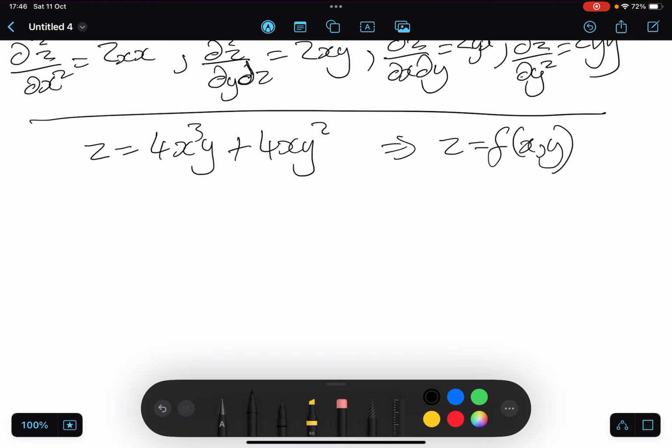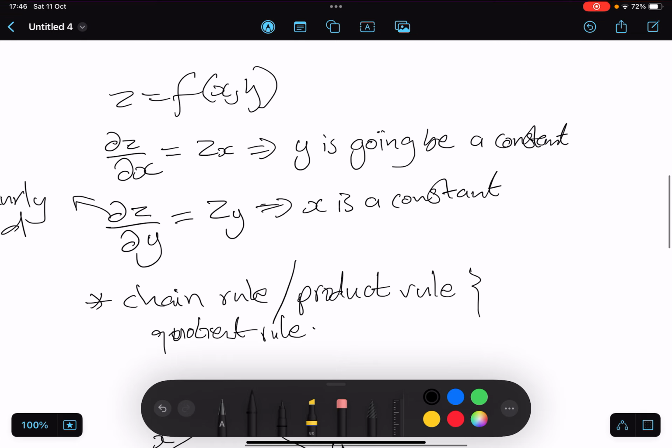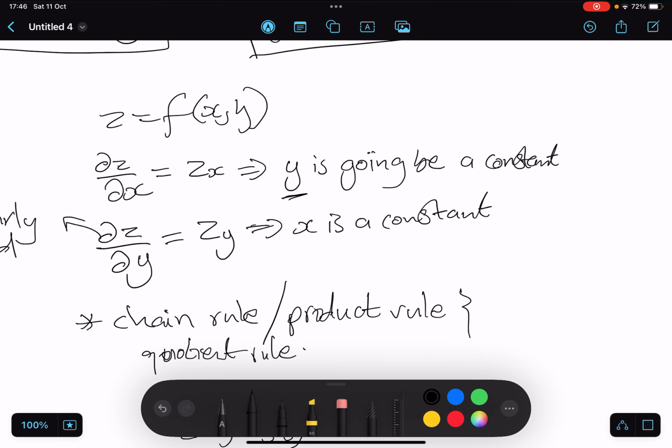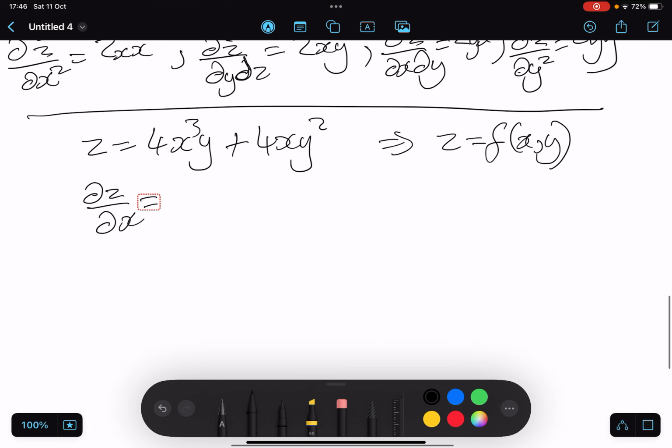For the first derivative, we are differentiating with respect to x and y, obviously. So let's differentiate with respect to x first. So dz dx is going to be what? Remember, if we're differentiating with respect to x, y is going to be a constant. So coming to this first term, differentiate this with respect to x. Obviously, it's going to be 4 times 3x squared, since 3 minus 1 is 2, right?